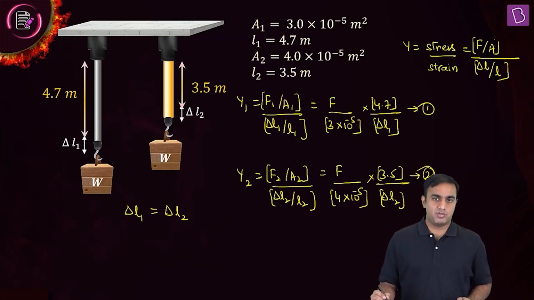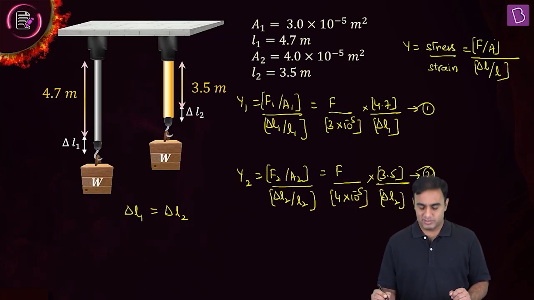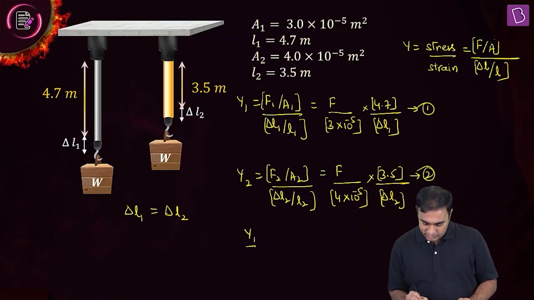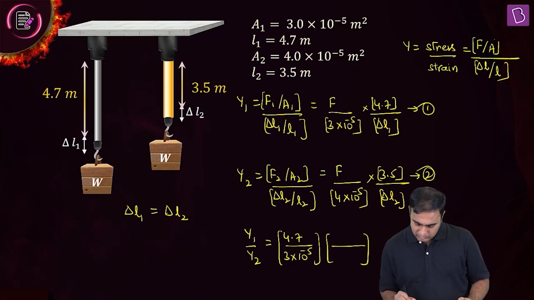If you take the ratio Y1 to Y2, or equation number 1 by equation number 2, we get Y1 by Y2. That's what we want, isn't it? So, Y1 by Y2 turns out to be 4.7 divided by 3 into 10 to the power minus 5, into 4 into 10 to the power minus 5 divided by 3.5.